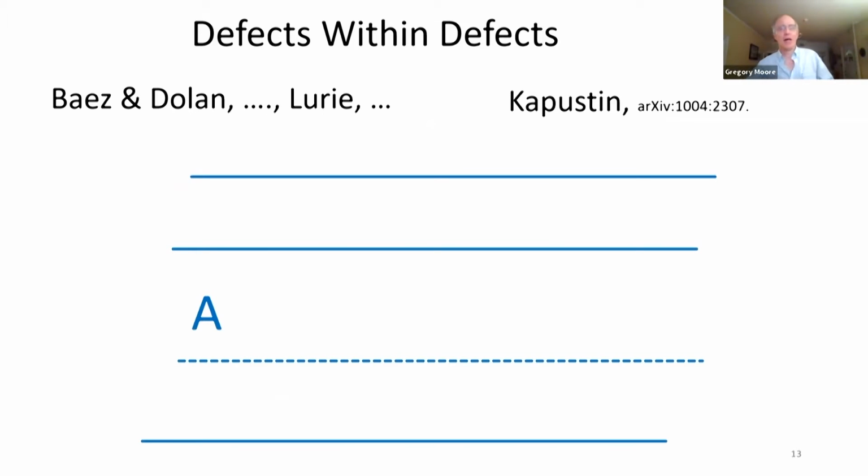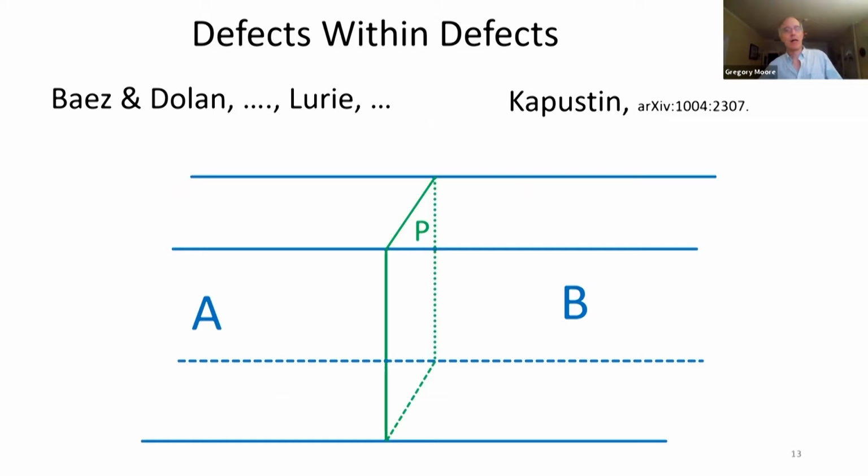So if I have a collection of theories, say, labeled by capital Latin letters like A, B, and C, so if I fill my space-time with a theory A, then if I have two different theories, I could imagine a domain wall, labeled in green here, between two theories, A and B. But there might be many different kinds of domain walls. So then we would have to label the different domain walls, and maybe we would call one domain wall P, but maybe there's another domain wall Q.